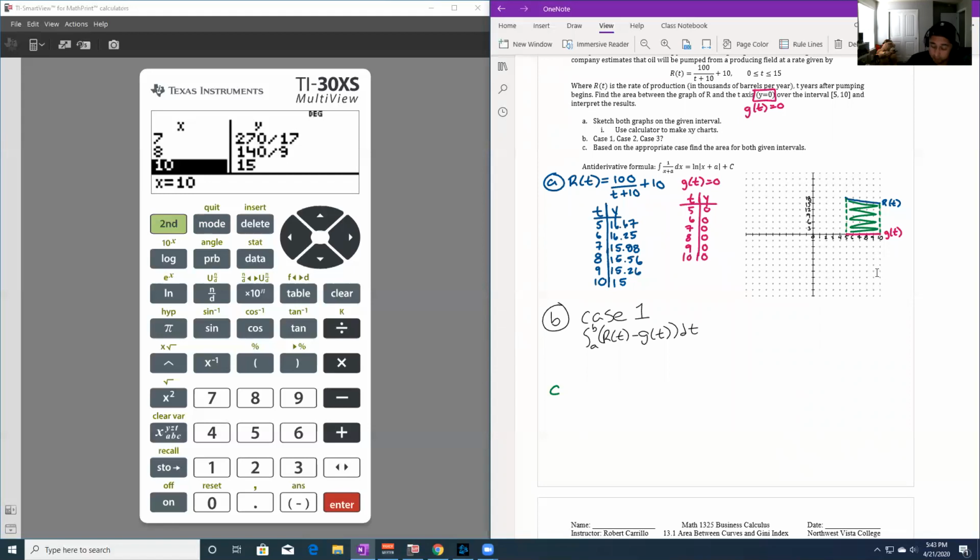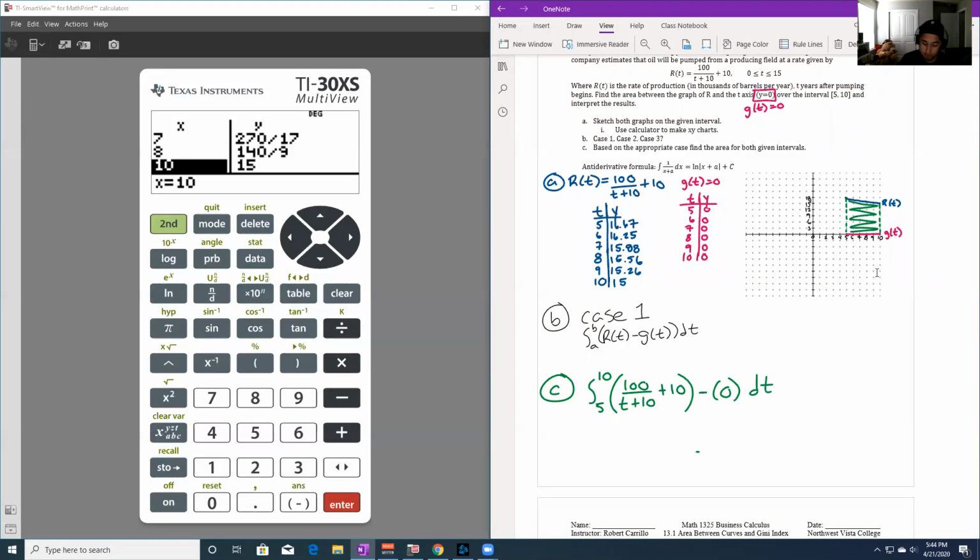Let's find the antiderivative. So we're going to go from the integral of 5 to 10 of r of t, which is 100 over t plus 10, plus 10, minus g of t, which is 0, dt.